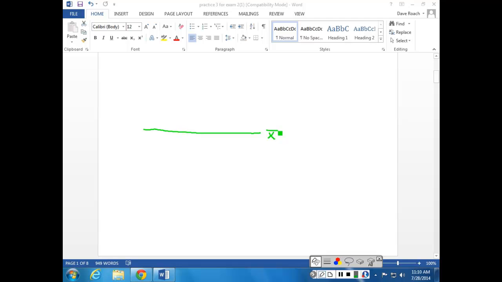X bar in this one could be p hat, x bar A minus x bar B, p hat A minus p hat B. Any of those, and this one is a problem of x bars. The center of the distribution is equal to whatever you have in your null hypothesis, which was 150.